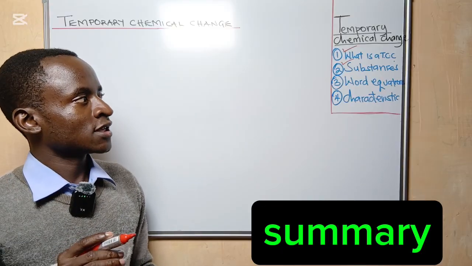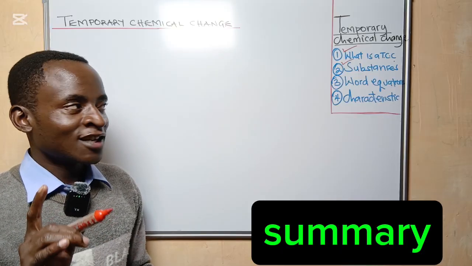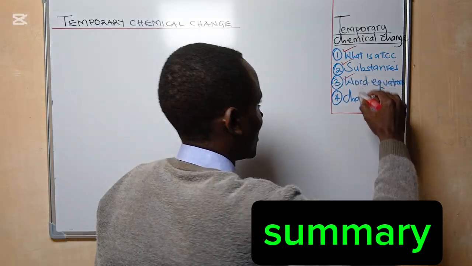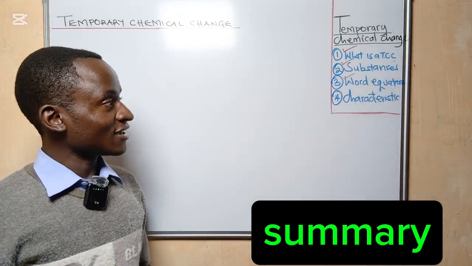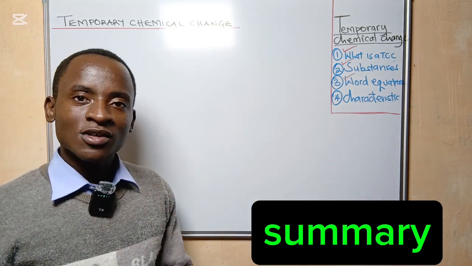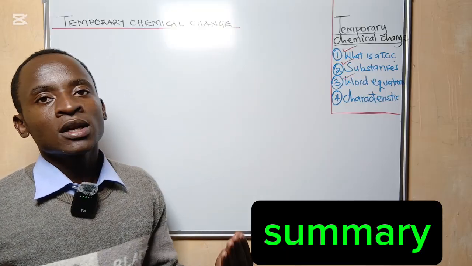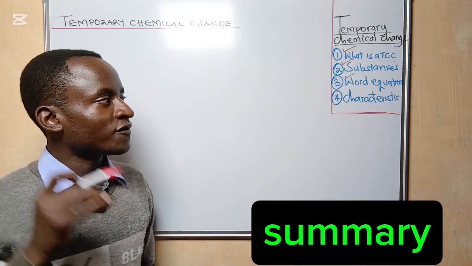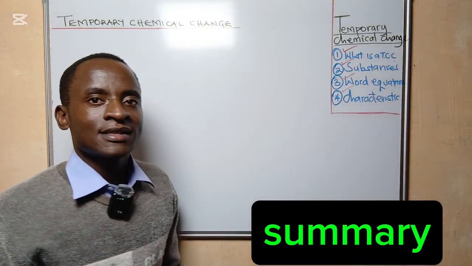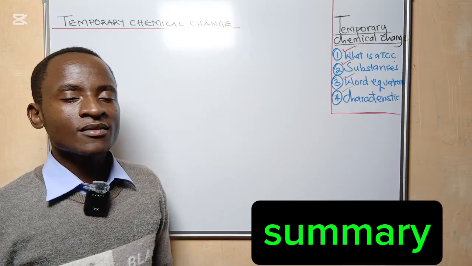Then, point number 3, at the end of the lesson, we should be able to write the word equations that demonstrate a temporary chemical change. Then finally, we will look at the characteristics of a temporary chemical change.